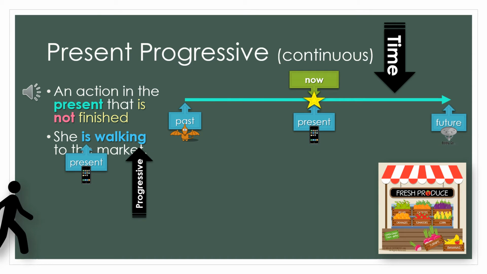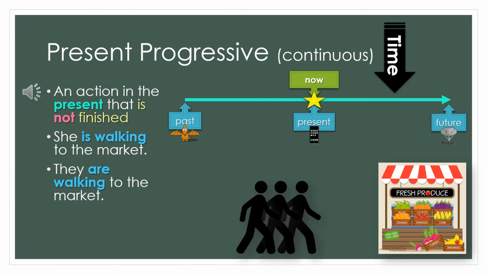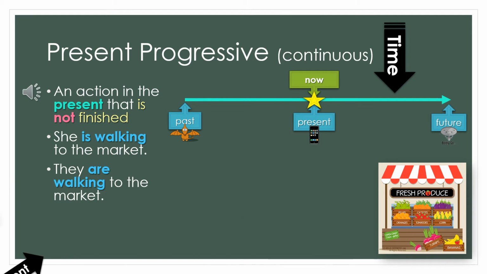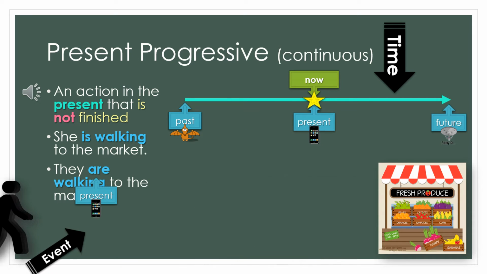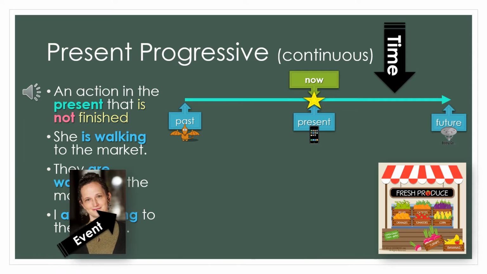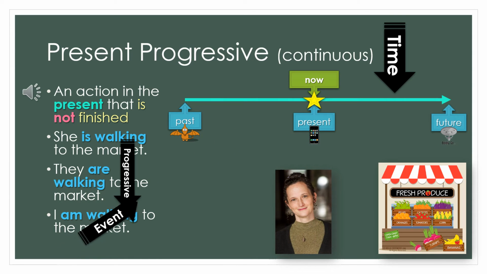They are walking. Are is the verb to be. Walk is the base form of the verb plus ing, are walking. Am is the form of the verb to be. Walk is the base form of the verb plus ing, am walking.